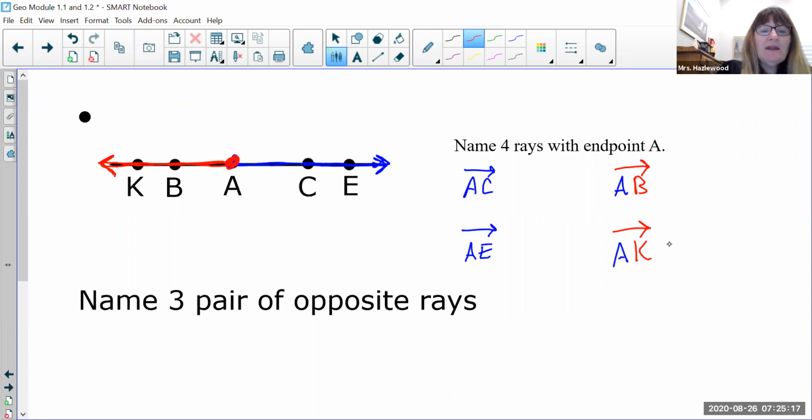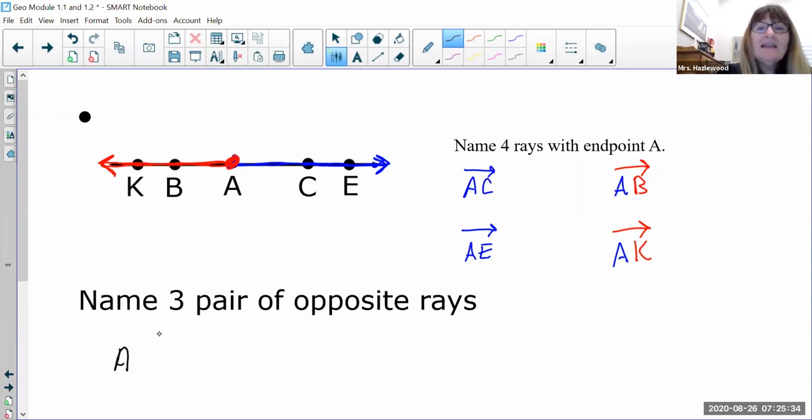Now, when it says a pair of opposite rays, what I know is that the blue line that I drew and the red line, they're all on the same line, and they are opposite rays. Opposite rays share an endpoint.